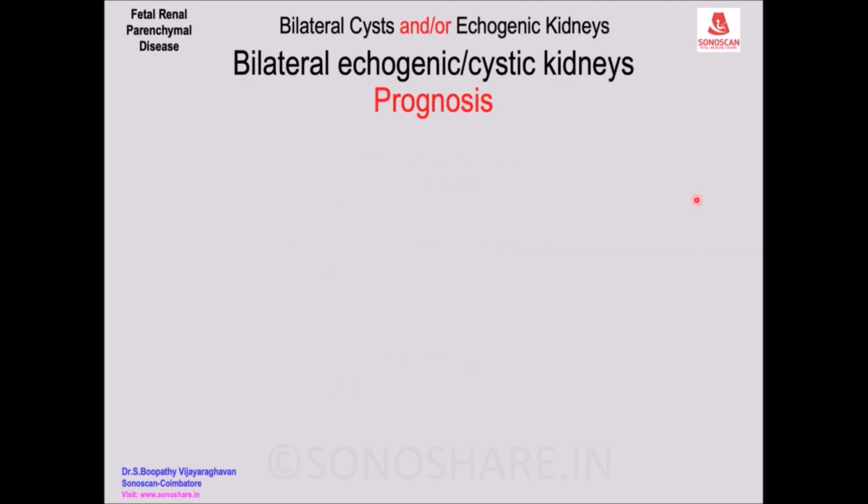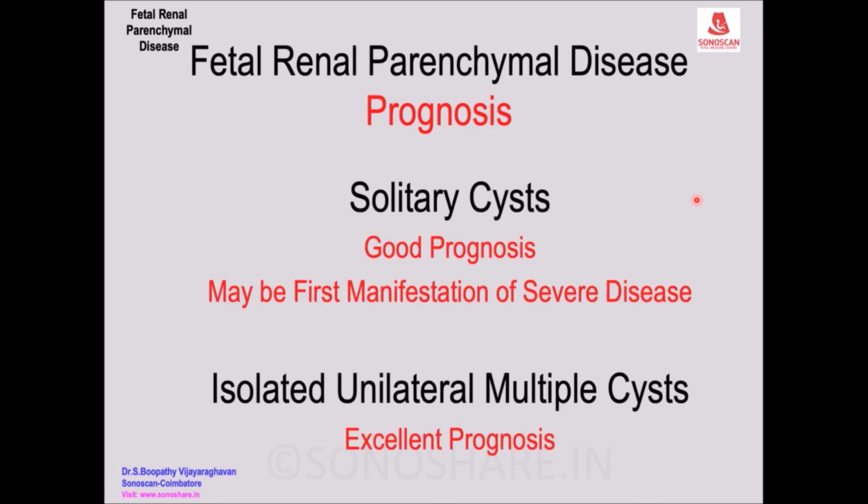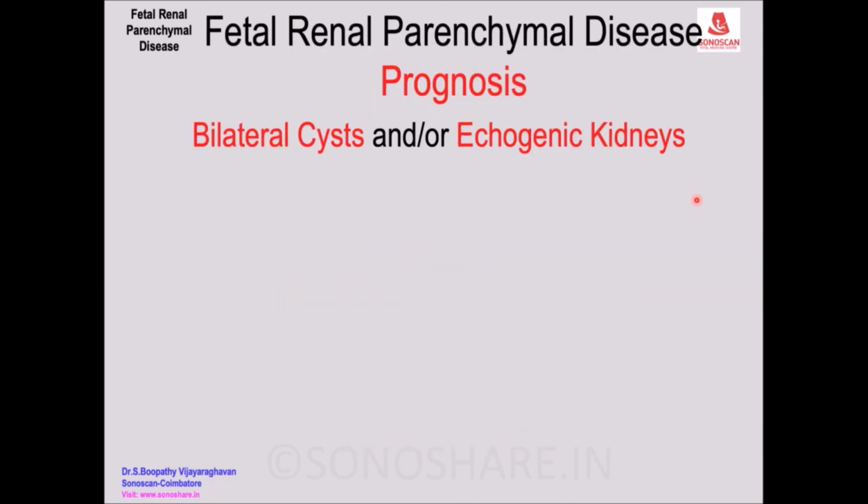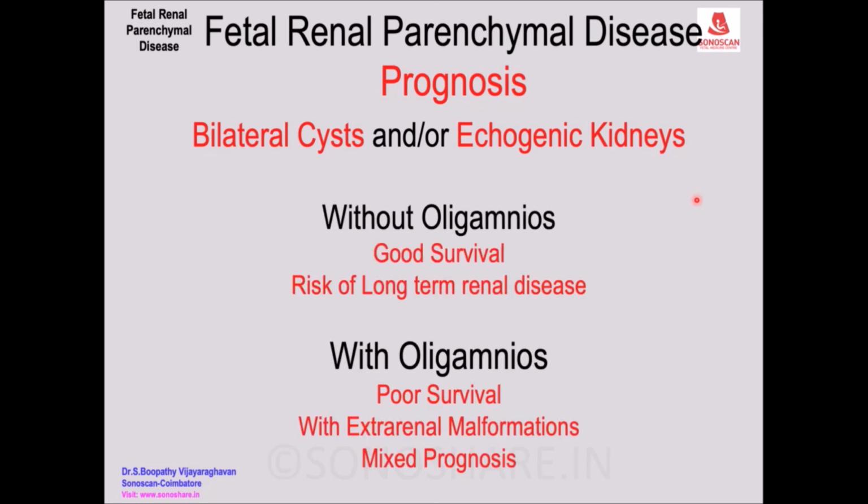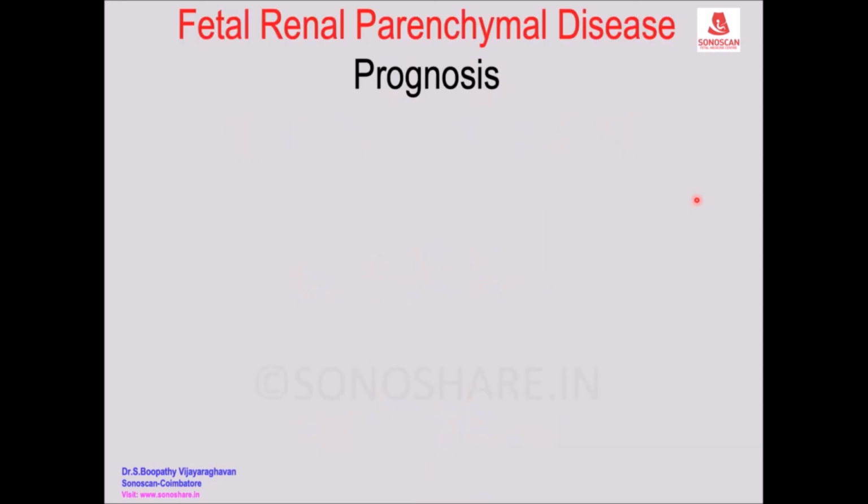Prenatal diagnosis is very important. Now, prognosis in such conditions: it is excellent when the disease is unilateral and the other kidney is normal. Coming to bilateral cysts and bilateral echogenic kidneys without oligoamnios, there may be varied prognosis. In syndromes, the prognosis will depend on the syndromic condition.